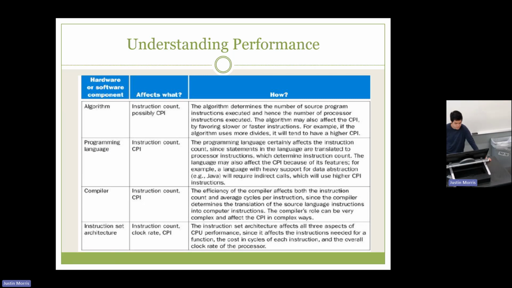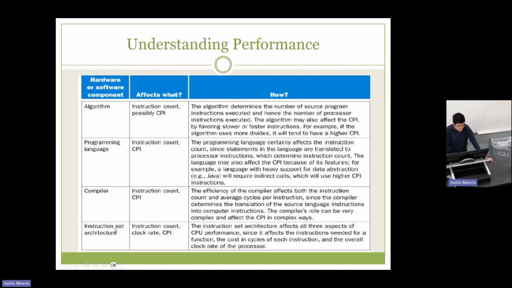That could be some kind of optimization that compilers do. So again, it affects instruction count and CPI. Essentially, anything on the software side is going to affect instruction count and CPI. The software side is not going to change the microarchitecture or the cycle time.